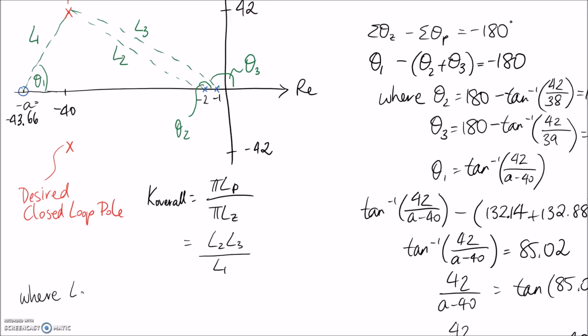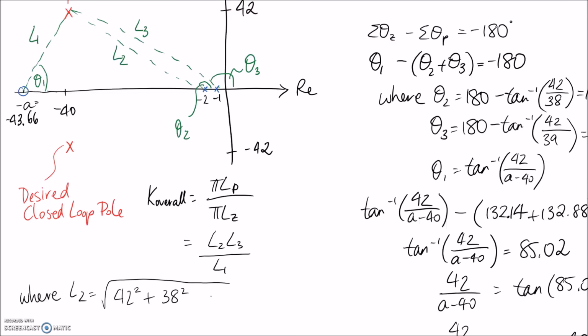So let's start with L2. Applying Pythagoras theorem, this is going to be the hypotenuse. We've got a vertical length and a horizontal length that we need to put inside the square root. This length here is 42, and this length here is the difference between 40 and 2, which is 38.